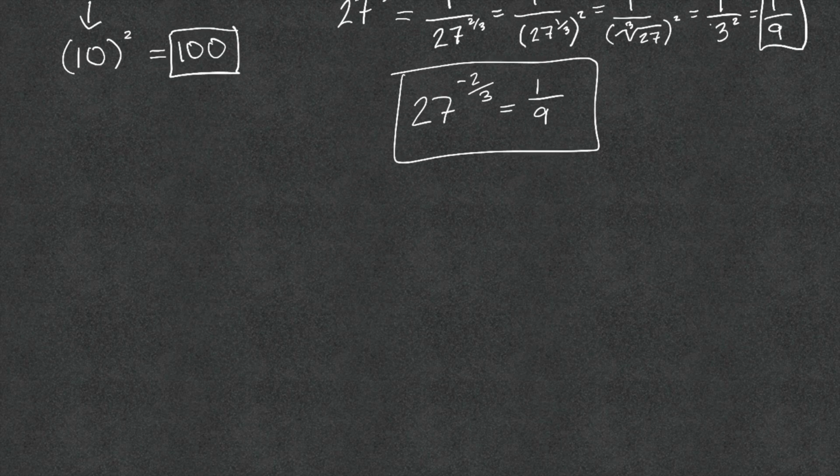All right, so now a review of all these rules for exponents that you really have to commit to memory. Whenever we have an exponential value that we're multiplying times another exponential value, that means we are adding the exponents.